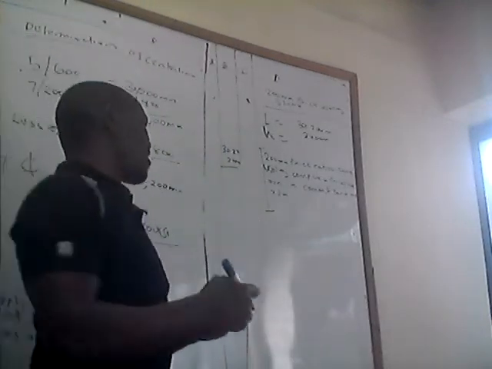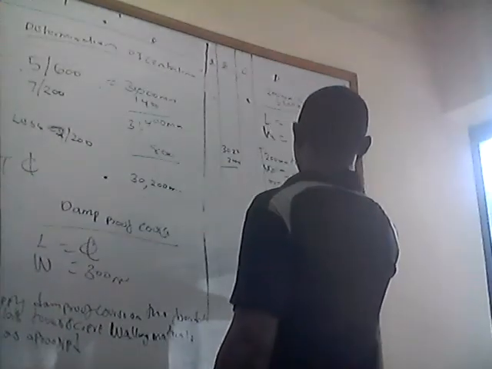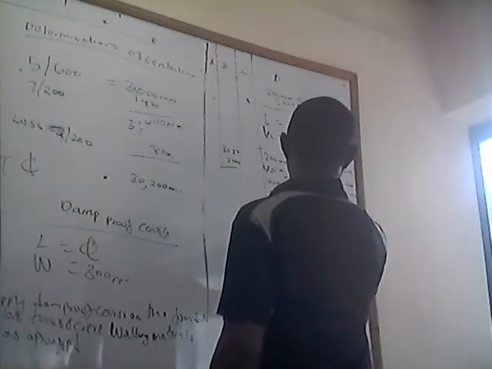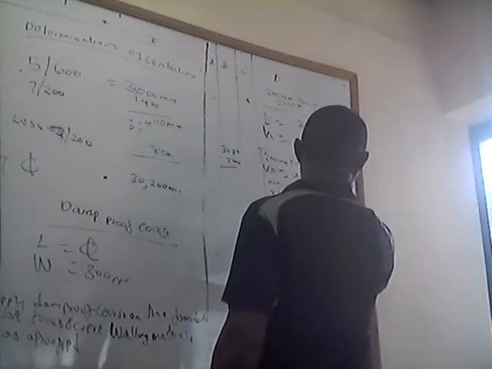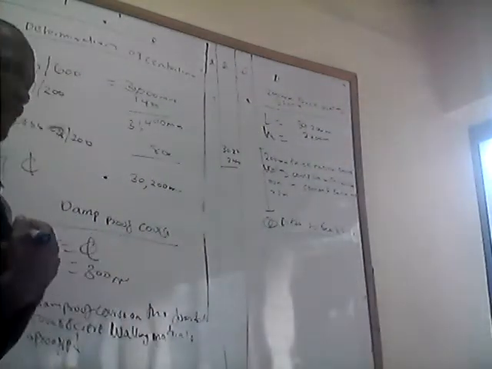Then the third measurement item that we have to take off is the ditto to gable. When we talk about ditto to gable, you simply have to get the area of the figure.